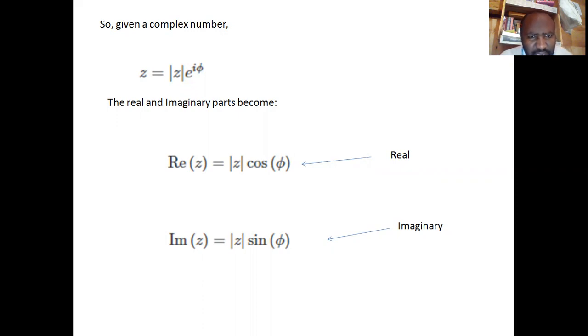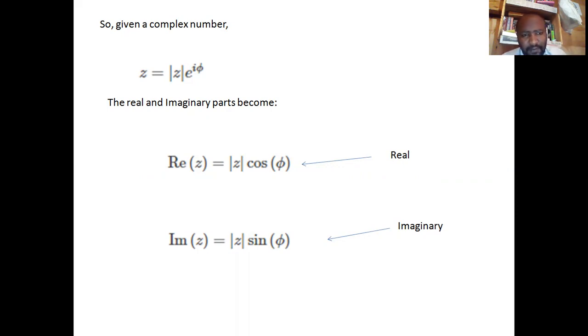So what we are saying is, if you are given a complex number in the exponential notation, the way you know the real part is you say the real part is equal to the magnitude of the number multiplied by cos phi, and the imaginary part is equal to, sorry, what am I saying?